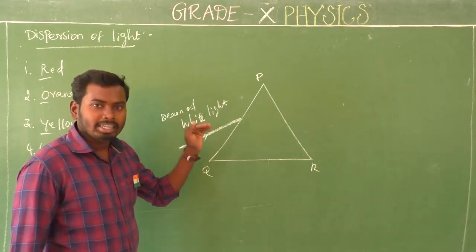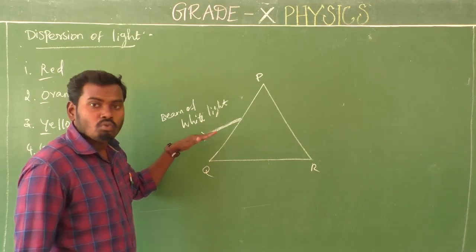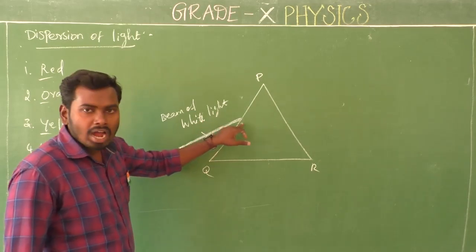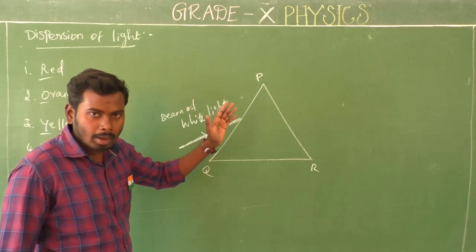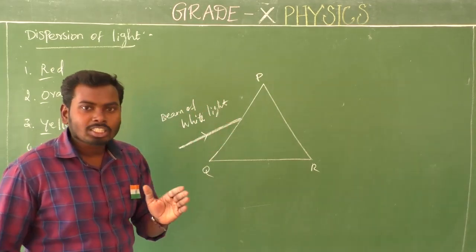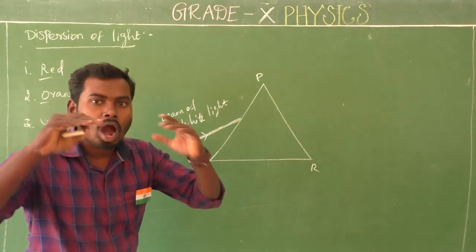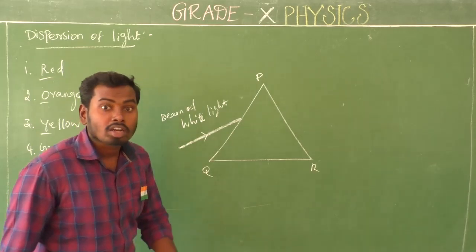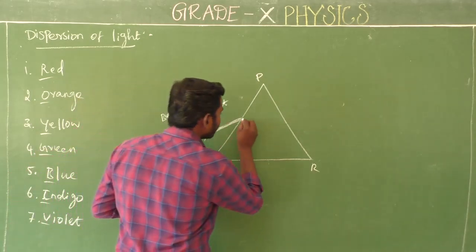Look at here. When the beam of white light falls on the surface of the glass prism, here the white light splits into 7 constituent colors. Look at here like this.